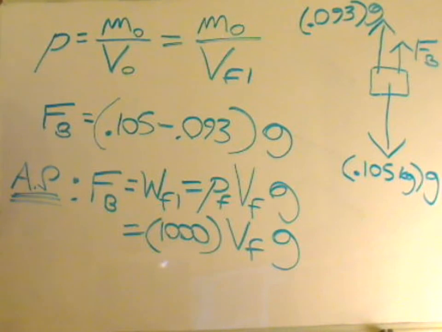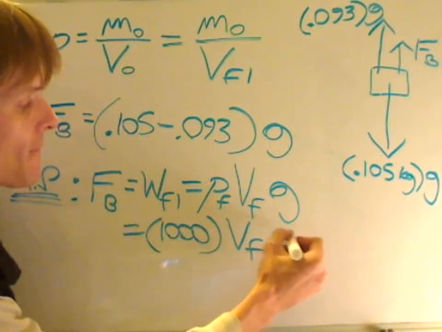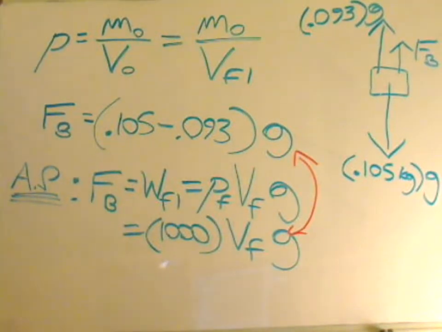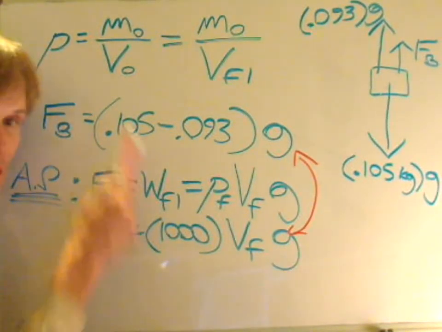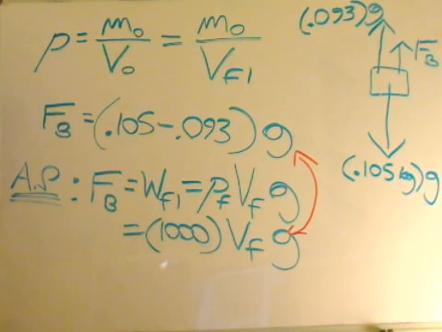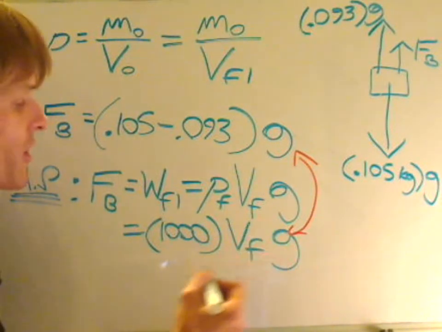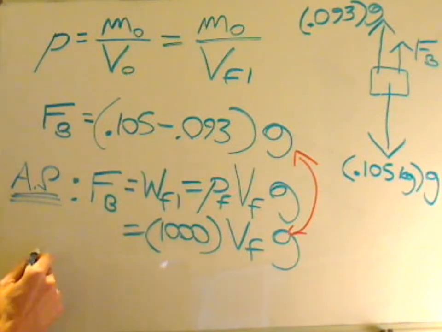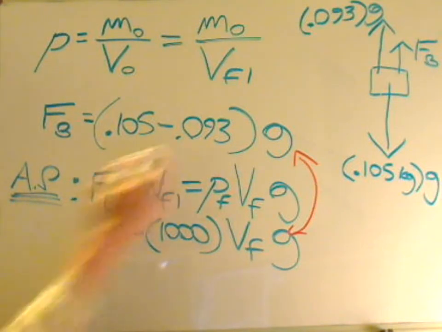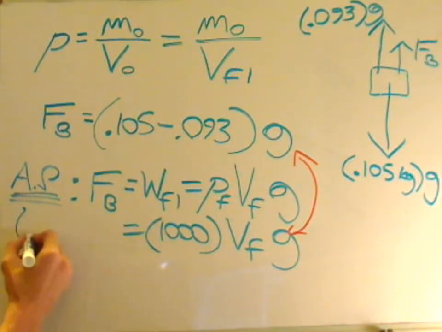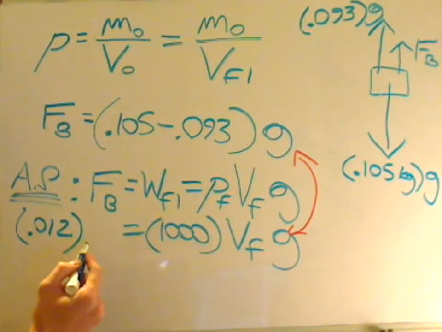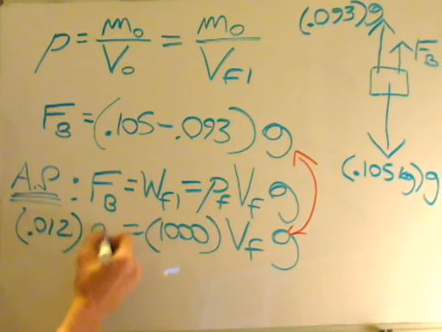So this has to be equal to this. Those two things are equal. That's our buoyant force calculated by two separate methods. And I'm just going to bring this over to here now. So 0.105 minus 0.093 is 0.012, times g.